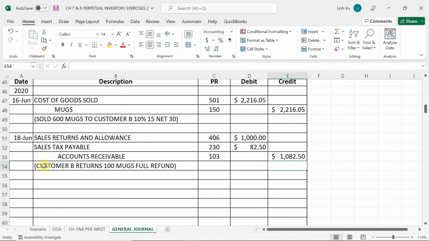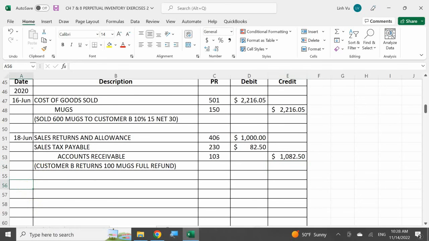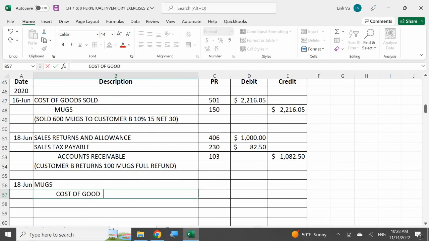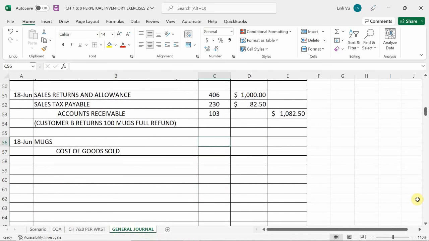Now, because we issued them a full refund and they actually gave us back the product, we also need to put the mugs back into my inventory. Okay? So therefore, I'm going to have mugs, and I'm going to reverse the cost of goods sold because we have to remember that we have to pretend as if we never sold it in the first place.